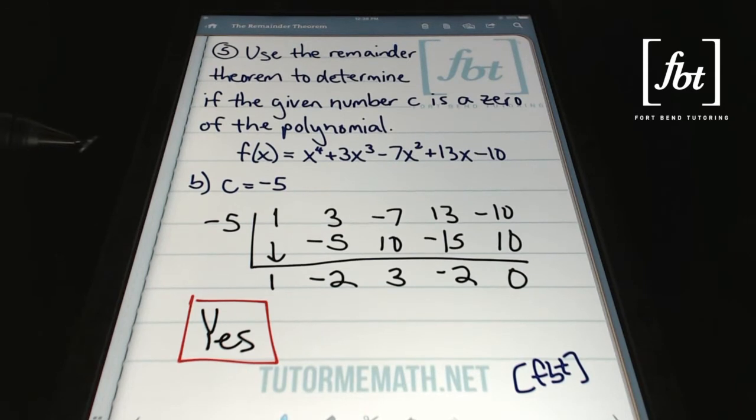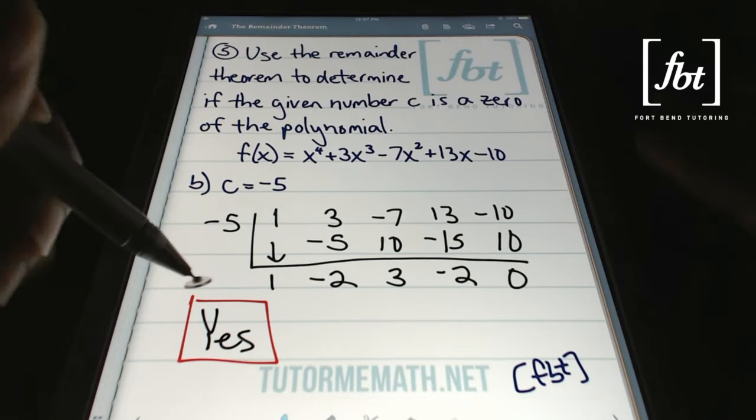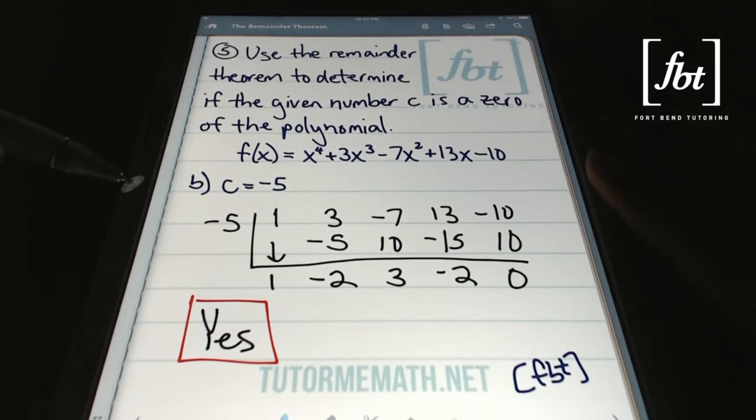All right, and efficiency even, because we could have, of course, used the function notation and plugged in -5 into the original function, but in many cases, that may take you a lot longer than simply using your synthetic division here and checking out the remainder to see whether or not it equals 0. A lot of times this process can be a lot faster than plugging the value into the original function and then simplifying it. All right, so that's problem number 5 with a red box around it.